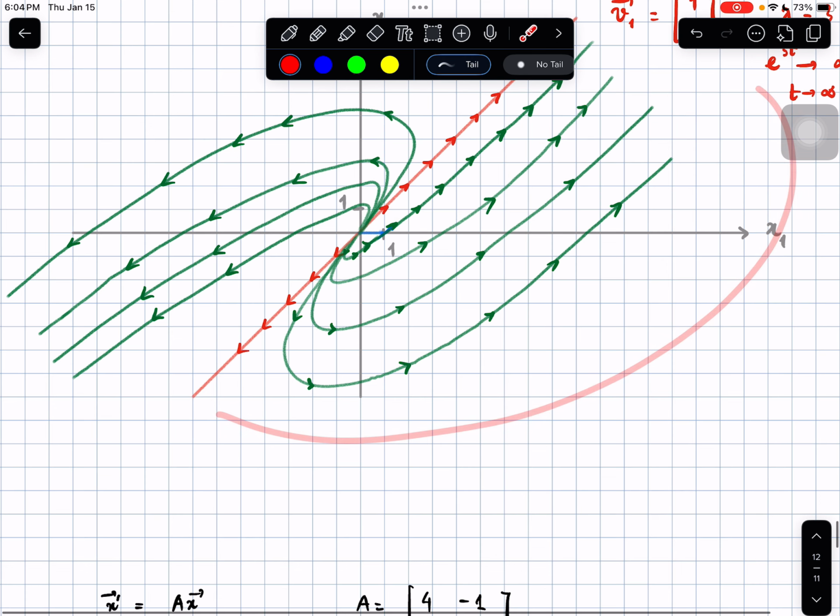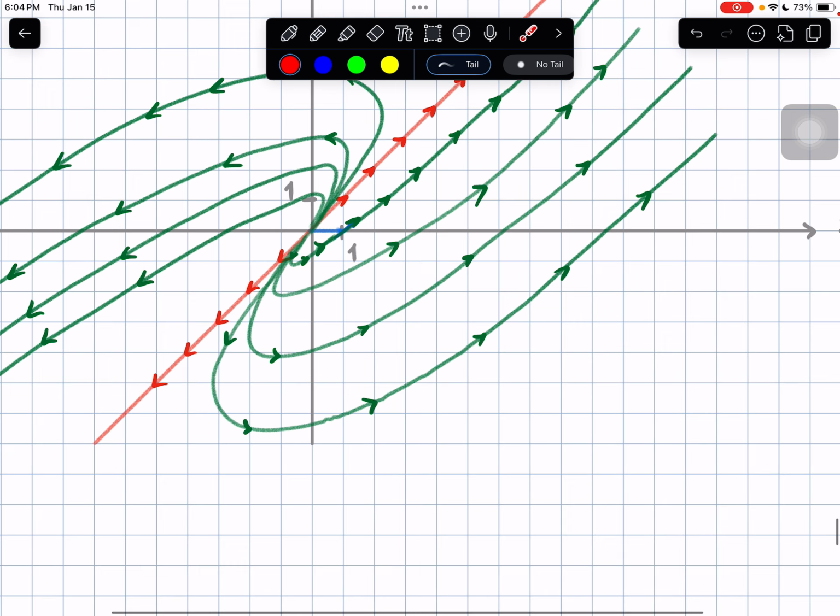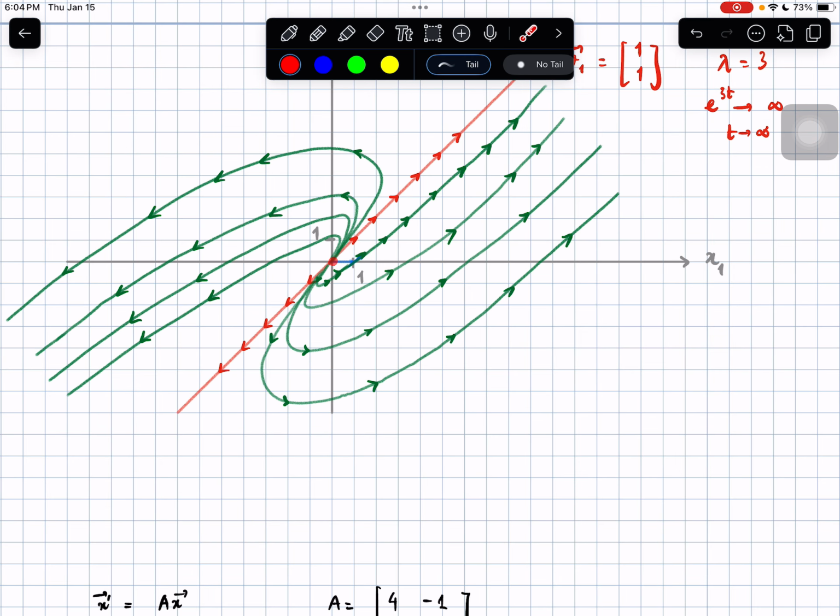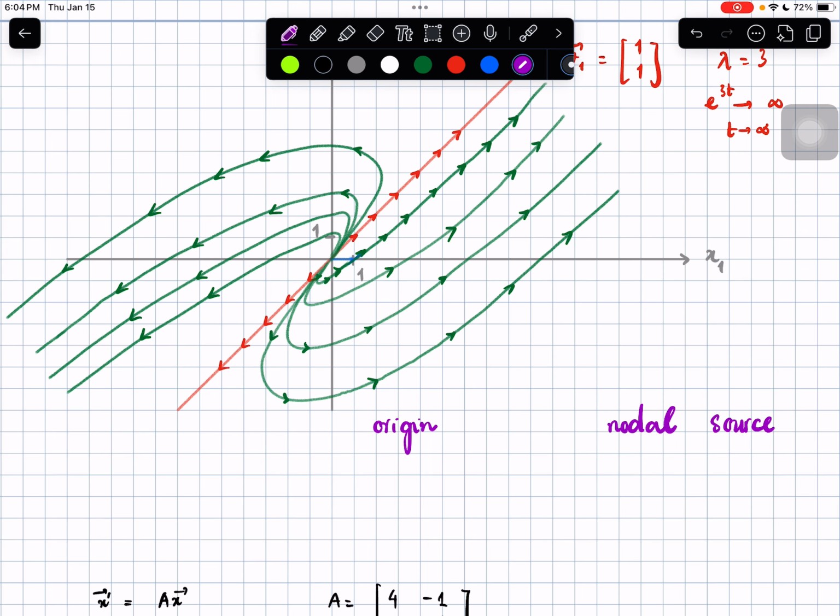So in this case, we know that from the origin we go up to infinity everywhere, right? So the origin in our case will be a source. A source is a node, so this is a nodal source. And in this case, it is improper because in this direction and the opposite direction, they have the same tangent line, the tangent to the red one.